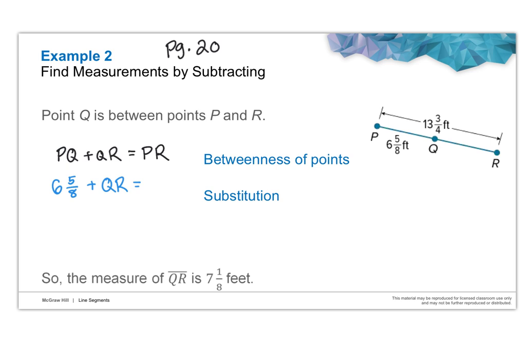And so now we're going to go ahead and put in the substituted value for PR, which is the full length. You can see those arrows extend to the endpoints P and R in the diagram, which is 13 3/4. Now, I don't know about you, but with this fraction work, we're going to want to make sure that we are working with common denominators.